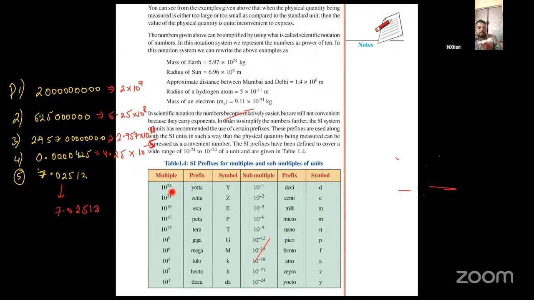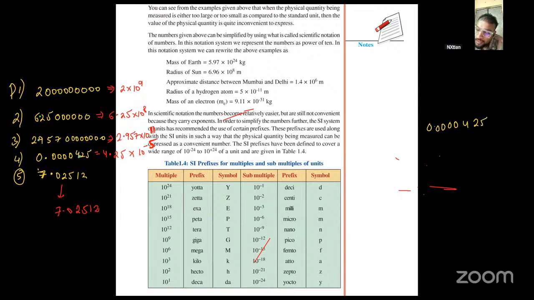Yes, Joshua. So I still didn't understand the third question. There are 8 zeros, right? Let me check. I'll make you understand again. So, for example, if it is written 0.0000425, okay, this is the question.